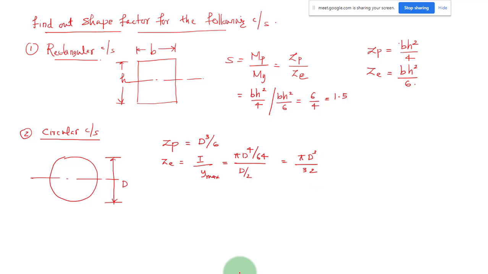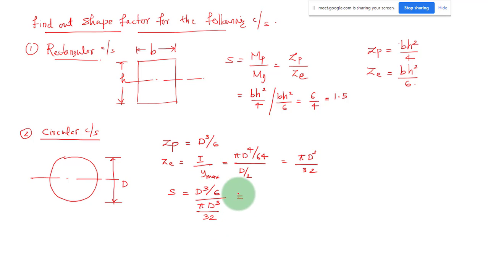So now you quickly tell me the shape factor, the ratio. Just find out what the ratio is: d cube by 6 divided by pi d cube by 32, taking the value of pi as 3.14.